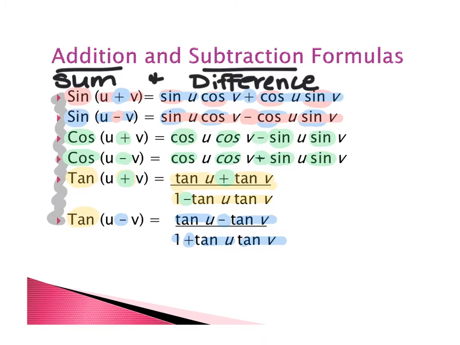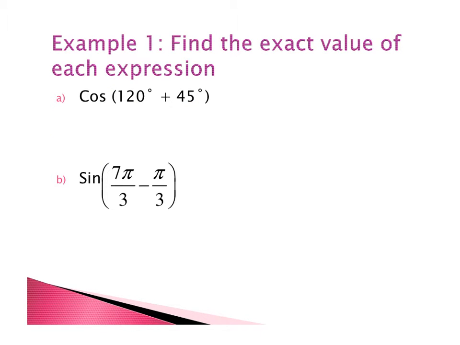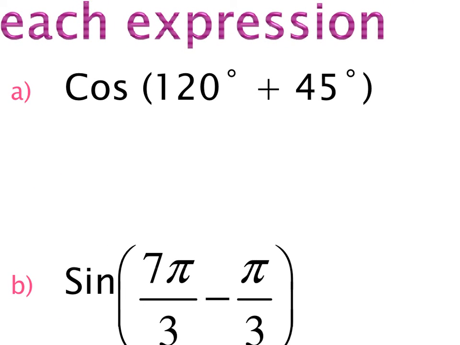All right, so now let's see these. Example 1 says, find the exact value of each expression. A is cosine of 120 plus 45. So instead of adding those two in the middle and then finding the cosine of that, we're going to use our sum and difference formulas.